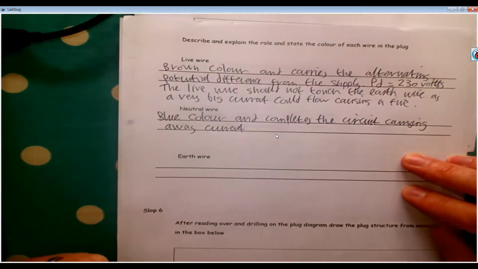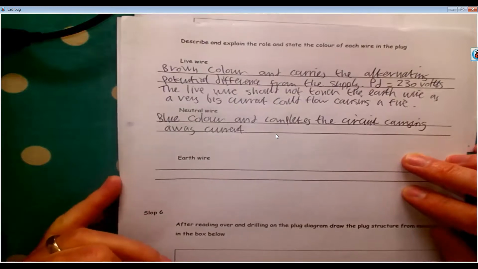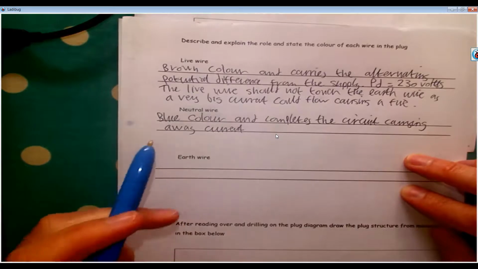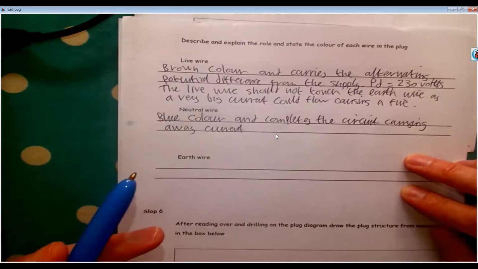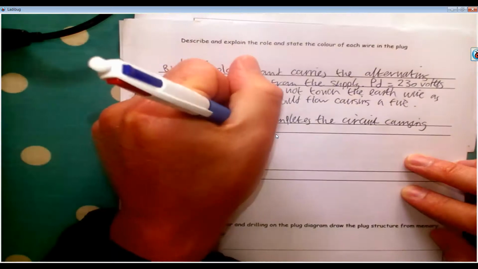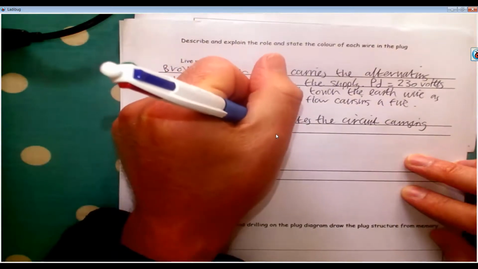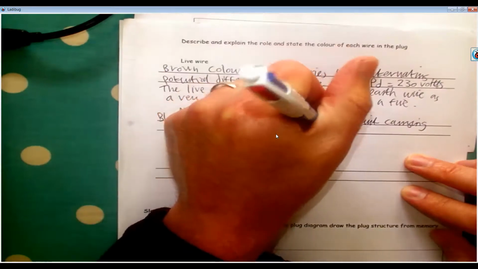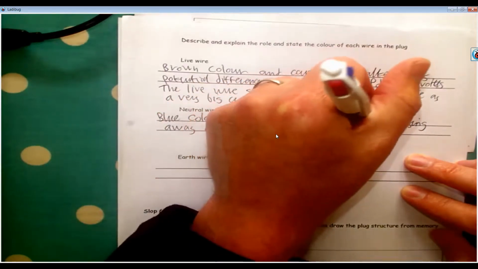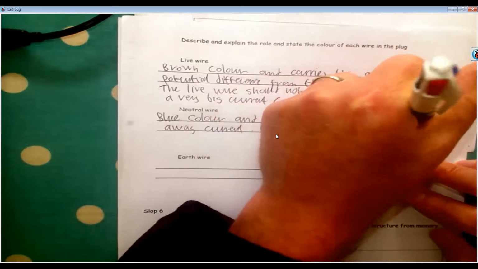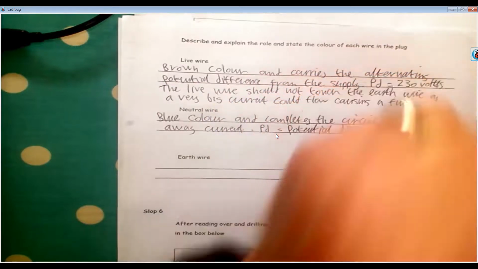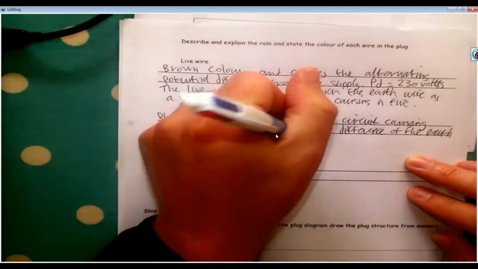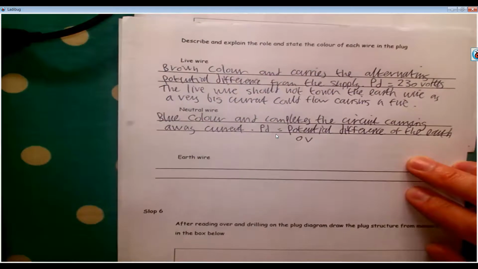So if the live wire takes the current in, the neutral or blue wire takes it out back to the mains. So blue color completes the circuit carrying away current, and the potential difference is the same as the potential difference of the earth, or practically 0 volts.